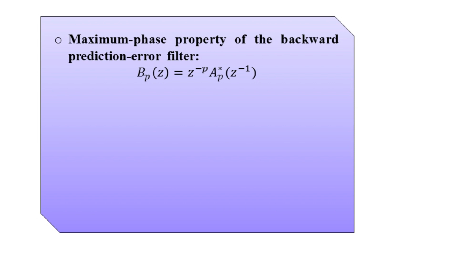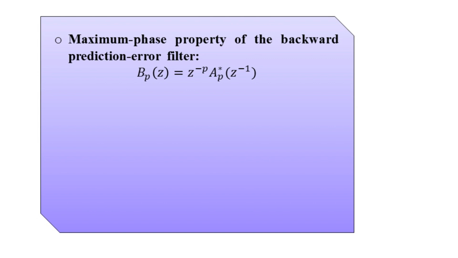So the roots of the function that we have denoted on the left hand side, capital B suffix p of z, are actually the inverse or the reciprocals of the roots that we have seen for the case of the forward prediction error filter, where the system function was denoted by capital A suffix p of z.